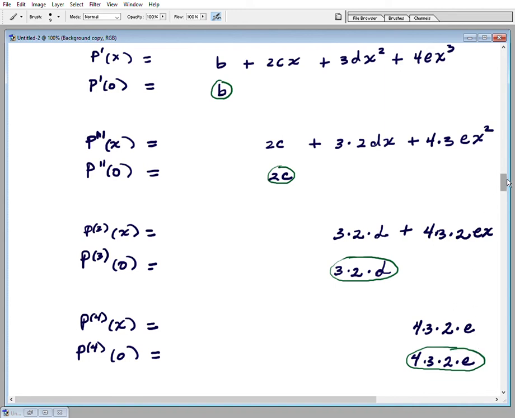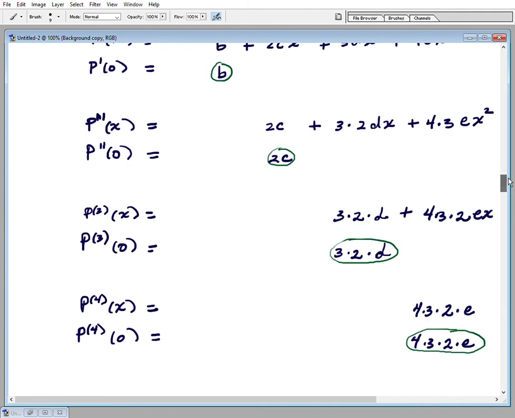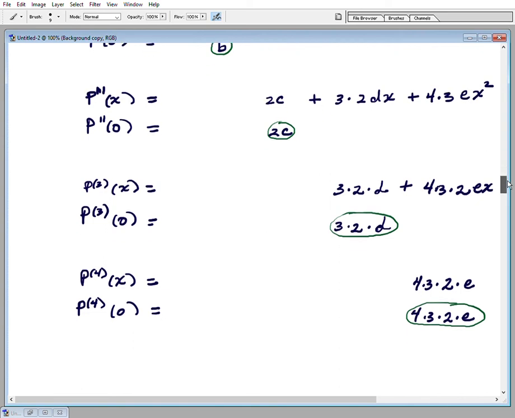So when we take the fourth derivative and substitute in 0, actually, this is 4 factorial times the coefficient of x to the fourth. So that's what remains.